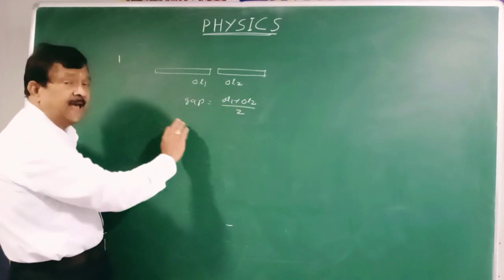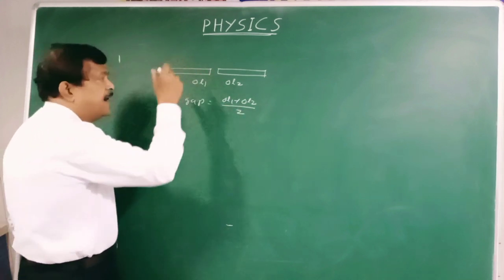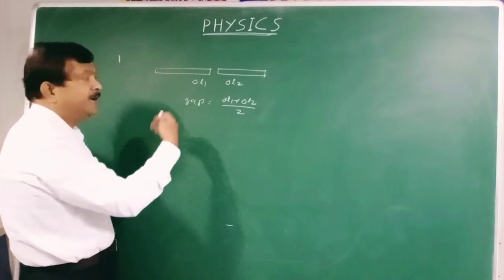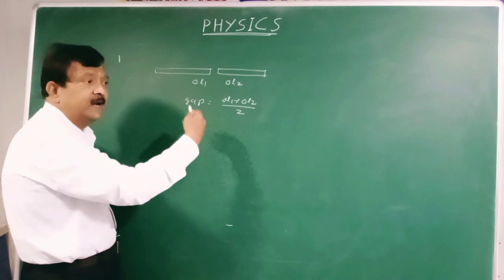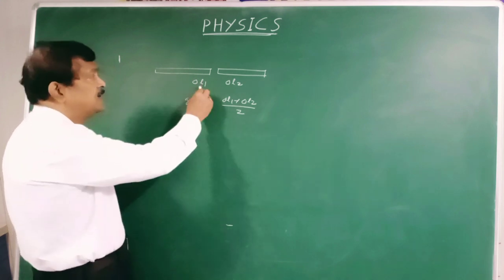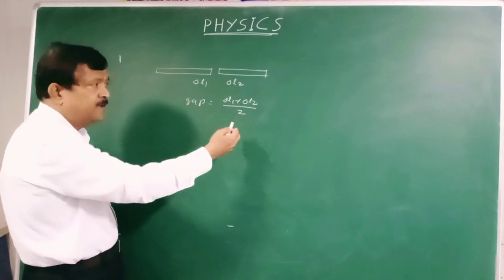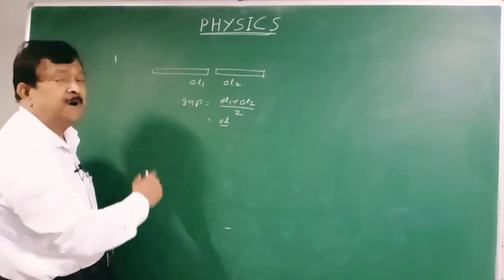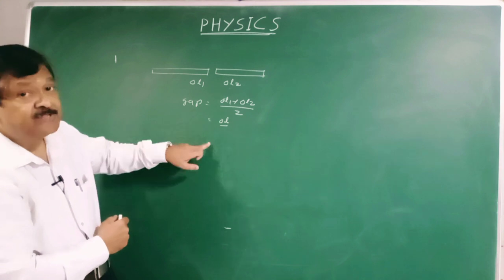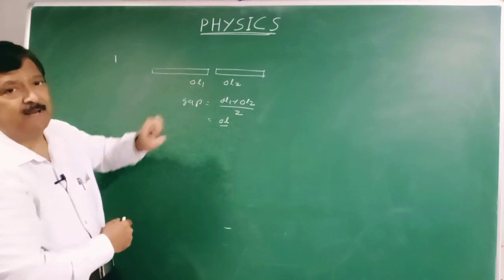This is the average expansion, and that much gap is to be left. But in general, if all the rails have the same length and are made of the same material, delta L1 and delta L2 will be the same. Then the gap will simply equal delta L, the expansion of each rail. So that is one application.